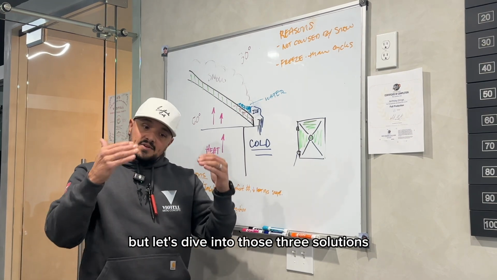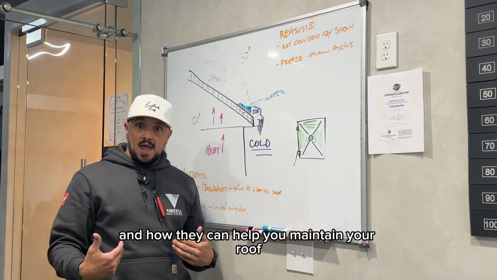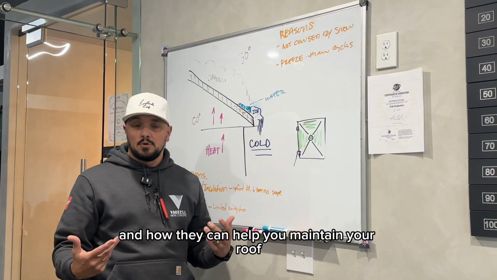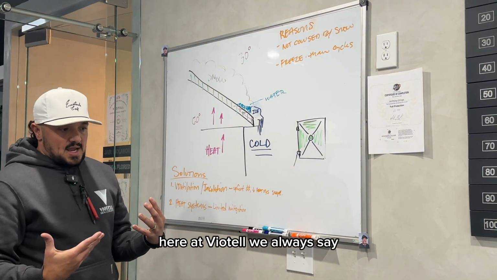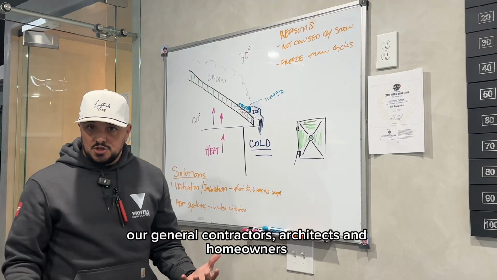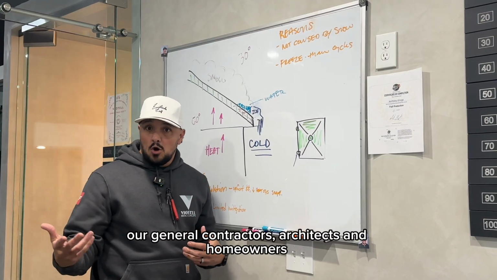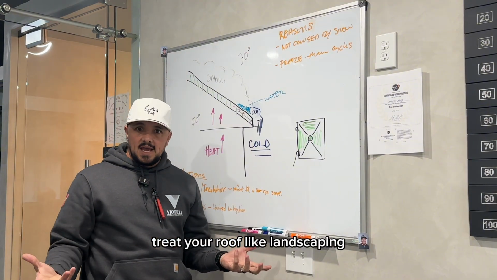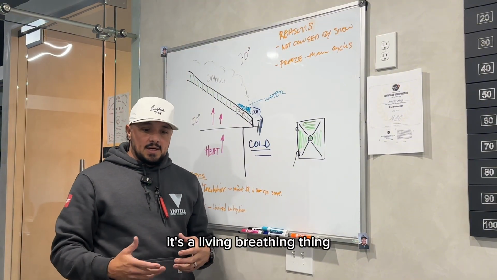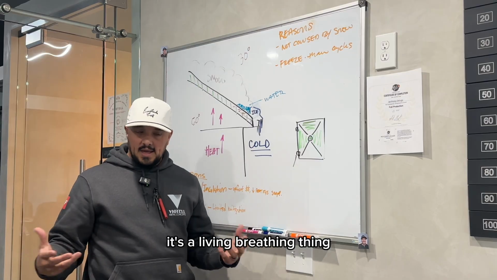But let's dive into those three solutions and how they can help you maintain your roof. Here at Biotel, we always say, and we always talk to our customers, our general contractors and architects and homeowners, treat your roof like landscaping, like a garden. It's a living, breathing thing.